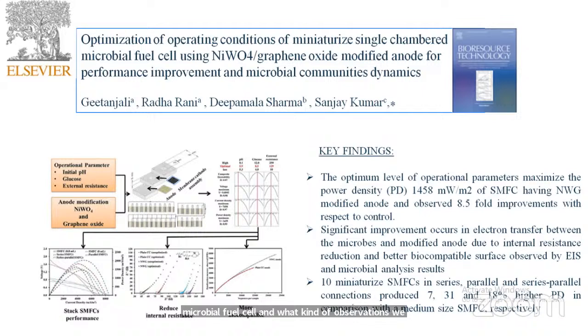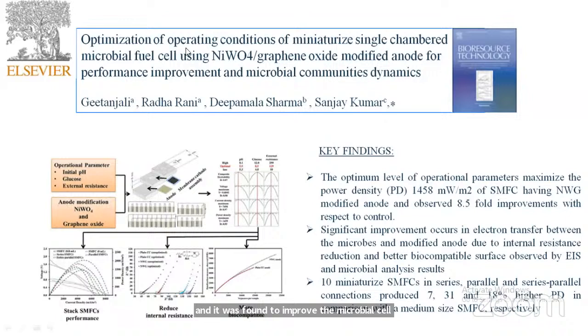This is a paper published in Bioresource Technology about optimization of operating conditions of a miniaturized single chamber microbial fuel cell, where nickel tungsten oxide in combination with graphene oxide was used as a modifier for carbon cloth electrode, and it was found to improve the microbial cell performance as well as the microbial community dynamics within the microbial fuel cell.